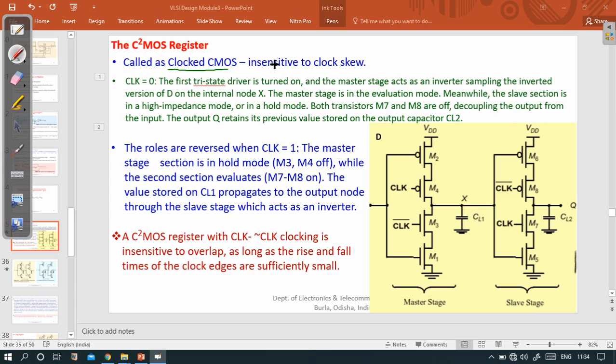The property is that these types of circuits will be insensitive to clock skew, or the problem that we had just seen, that was 0 0 and 1 1 overlap. These circuits are insensitive to these problems. So to overcome the previous problem, these types of registers were proposed.